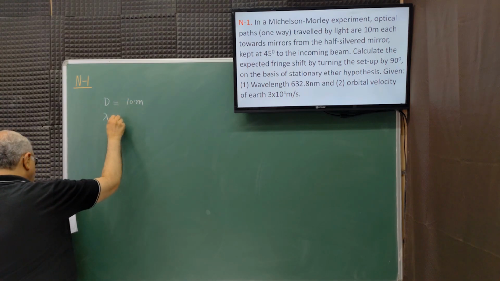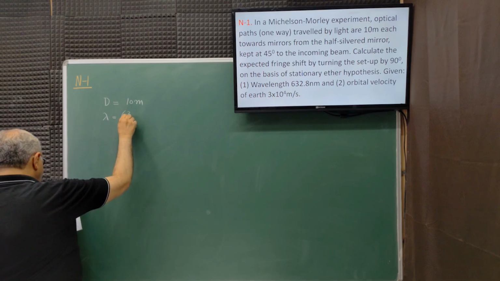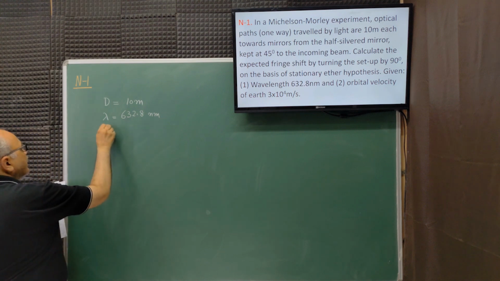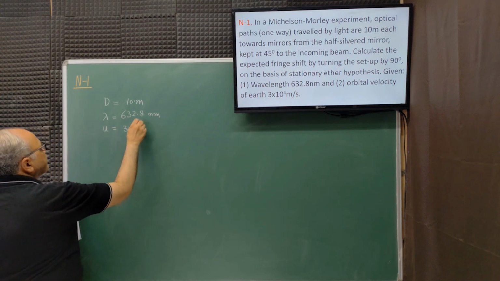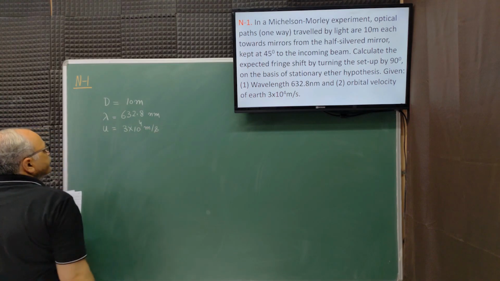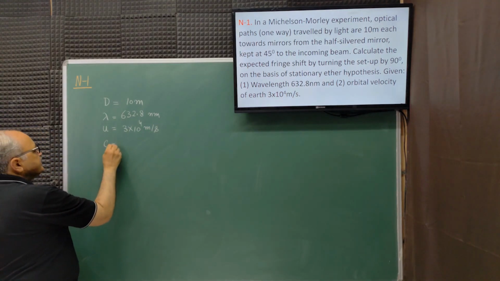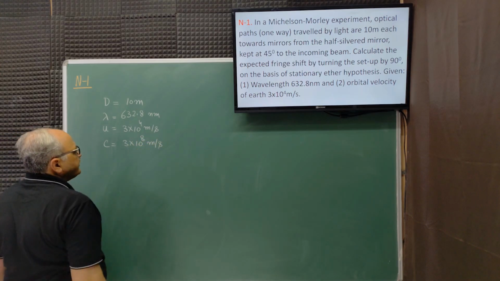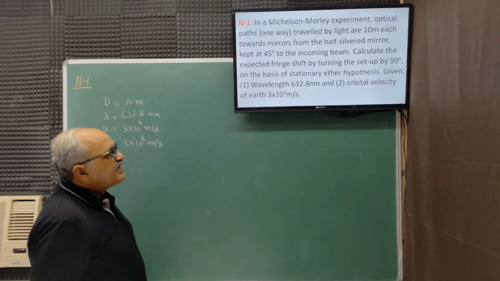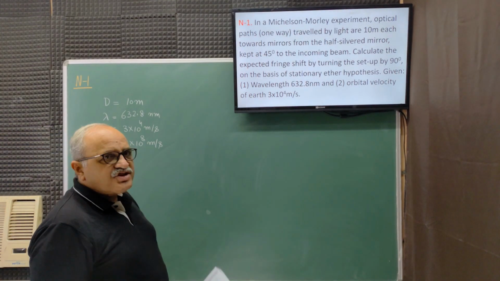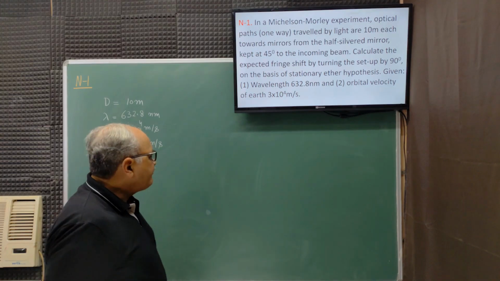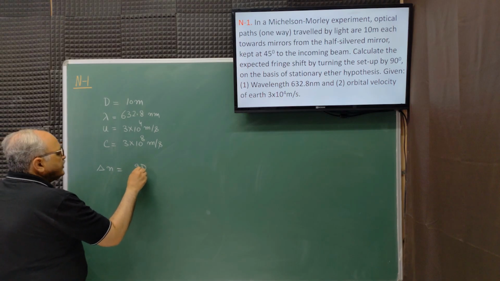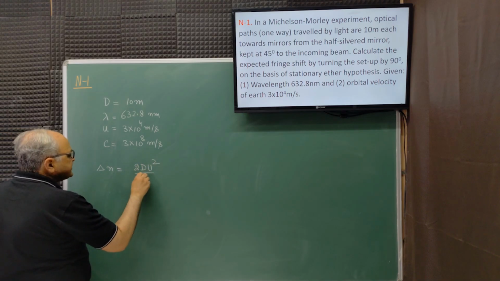The wavelength given is 632.8 nanometer, and the orbital velocity is 3 into 10 to the power 4 meter per second, whereas the velocity of light is 3 into 10 to the power 8 meter per second in free space. They're asking us to find the shift when it is rotated by an angle of 90 degrees. This is given by the formula 2du square by c square lambda.